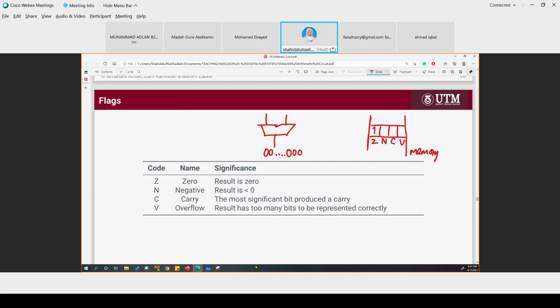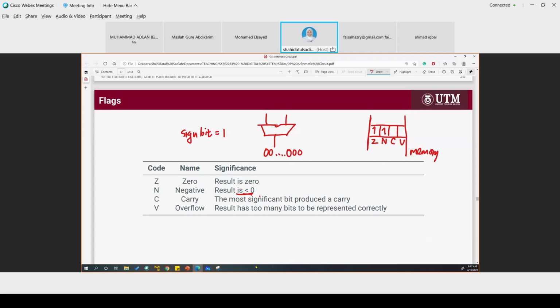And then we have the N flag, which is the negative flag. The negative flag is set when the sign bit is 1, meaning the result is negative, less than 0. And then we have the carry flag.